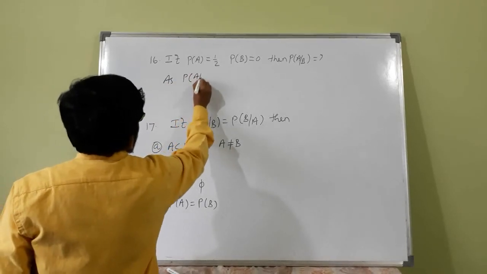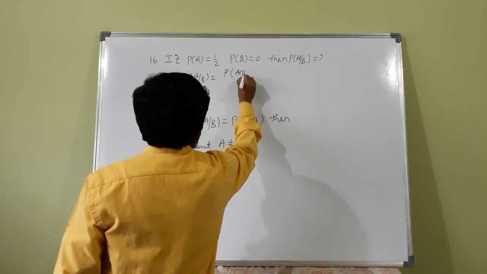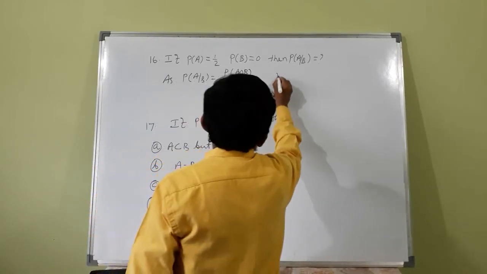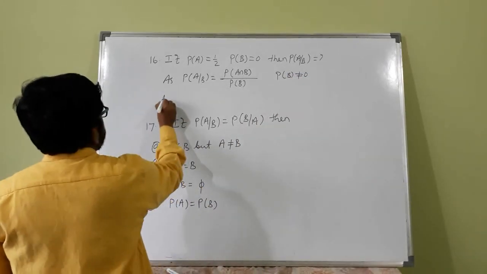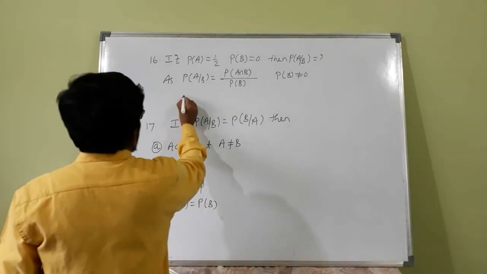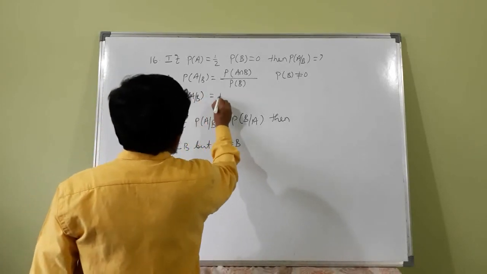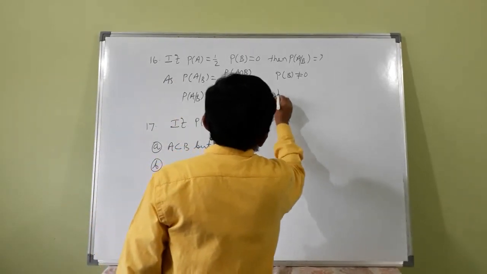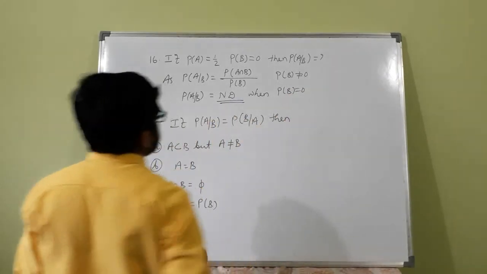Probability of A given B is defined only when probability of B is not equal to 0. So the answer is not defined.